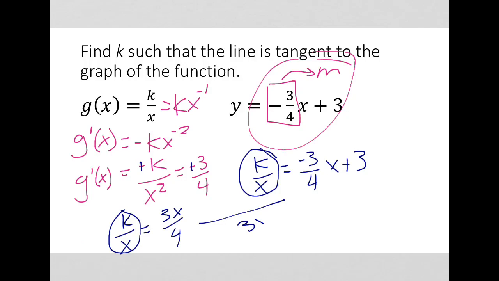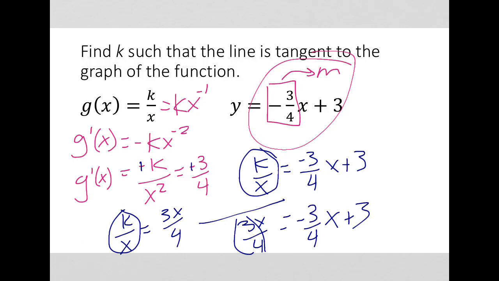So I get 3x over 4 equals negative 3 over 4x plus 3. Well, 3 over 4x equals negative 3 over 4x. If I add a 3 over 4x to both sides, I am going to get 2 times 3 over 4x.